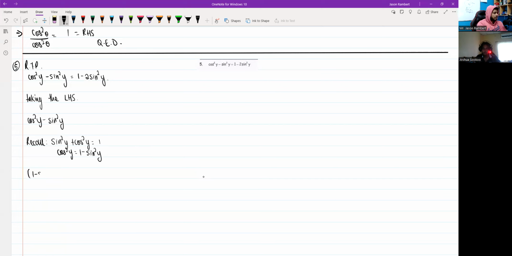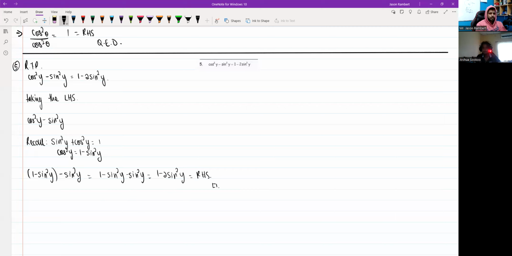So I have 1 minus sine squared y, take away sine squared y, which is 1 minus sine squared y minus sine squared y, which is 1 minus 2 sine squared y, which is the right-hand side.